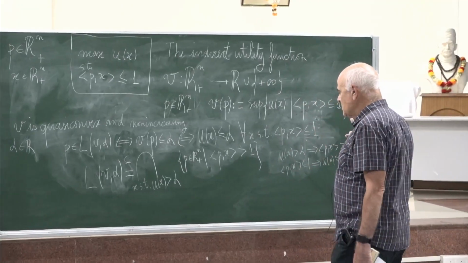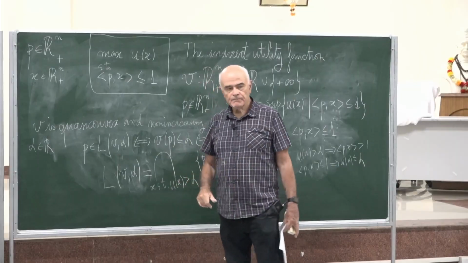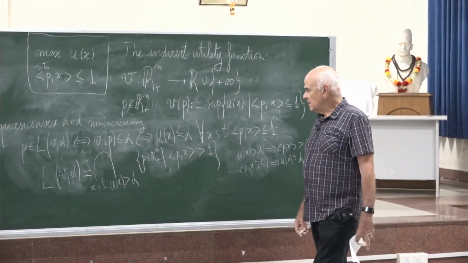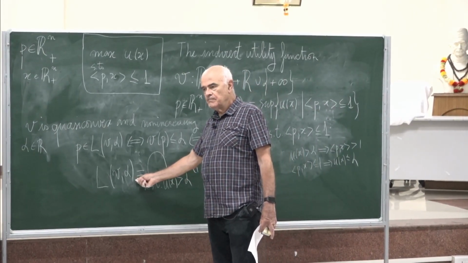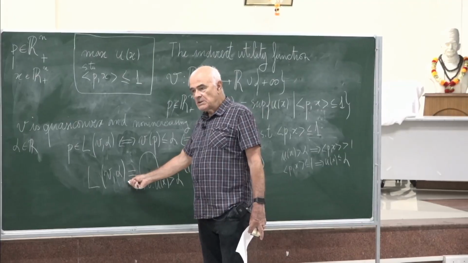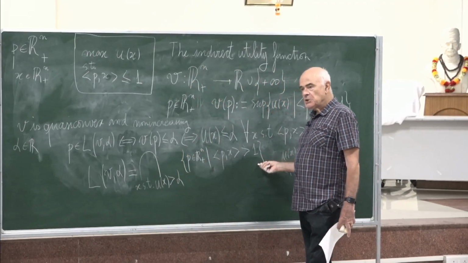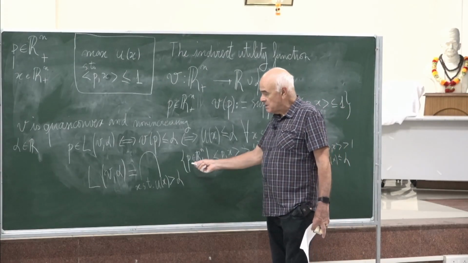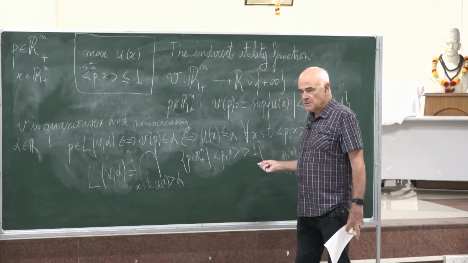Okay, then once you accept that this equality holds true, you have the conclusion. This says that the lower level sets of V are intersections of open half spaces, intersected with R plus N, but anyway they are convex.